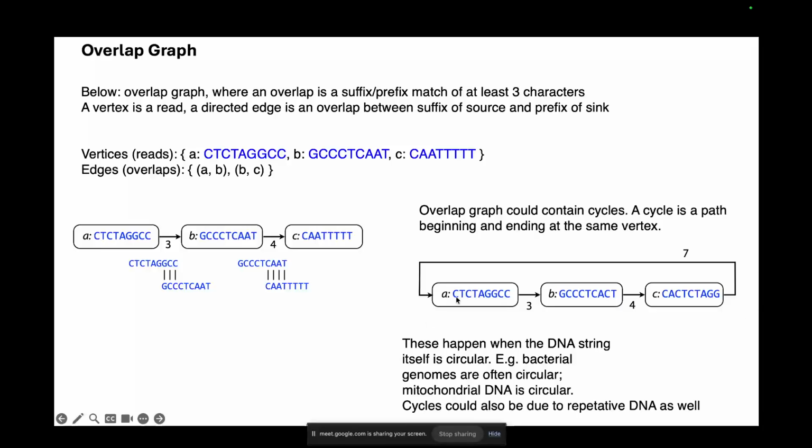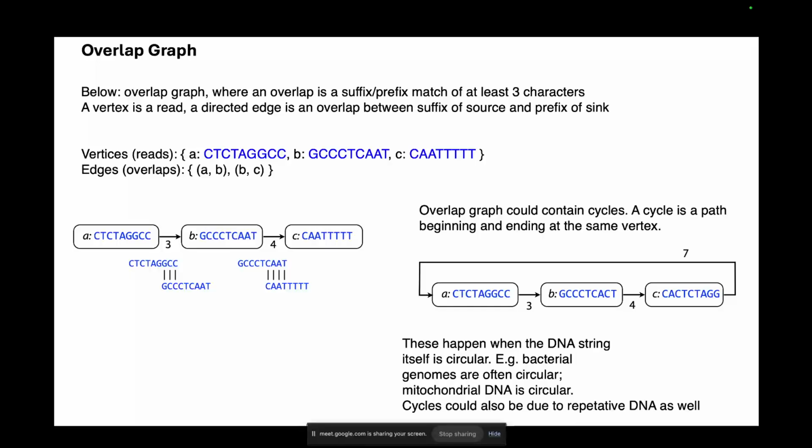The graph will become circular if your DNA is circular; it is definitely going to become circular. It is also going to become circular if there are repeats in the reads. If the same repeat unit is present across multiple reads, there will be overlaps, and these circular overlaps, because A will be overlapping with B, B will be overlapping with C, and C will also be overlapping with A, because all these three reads have a similar repeat sequence, right?